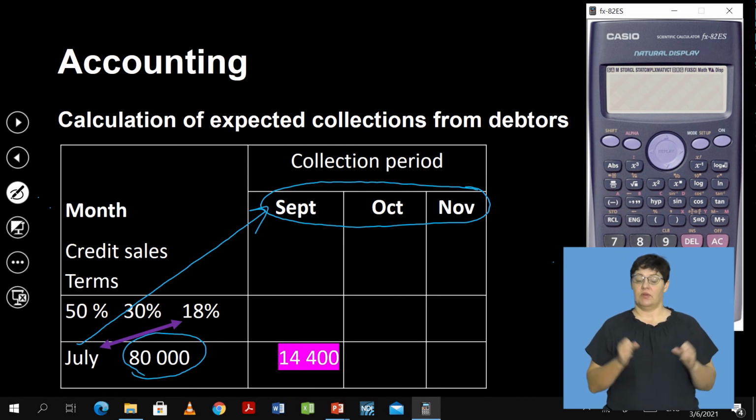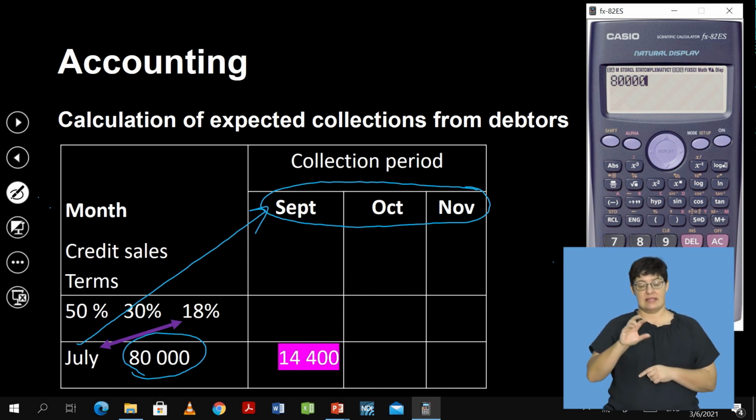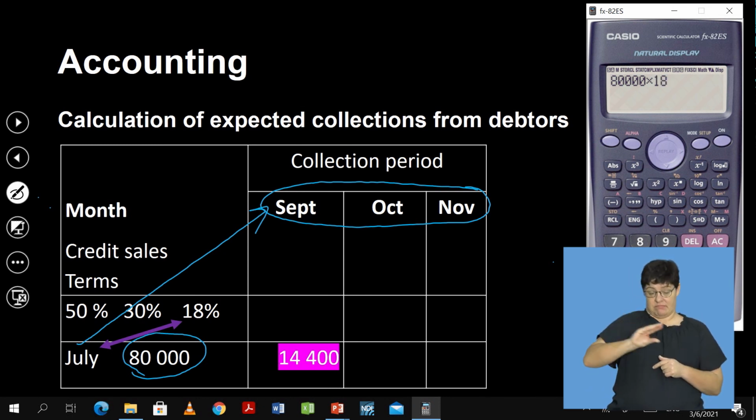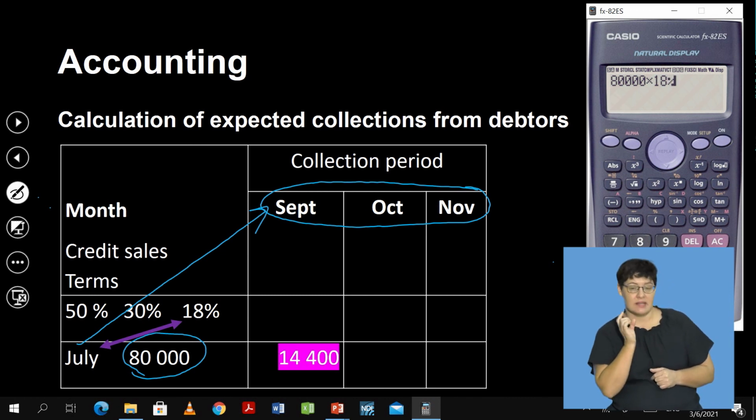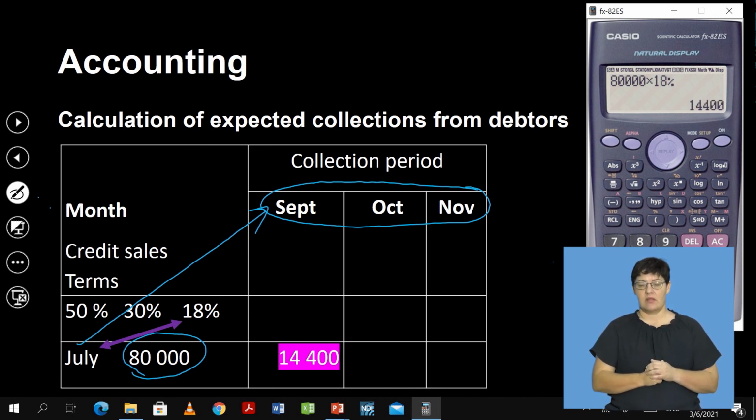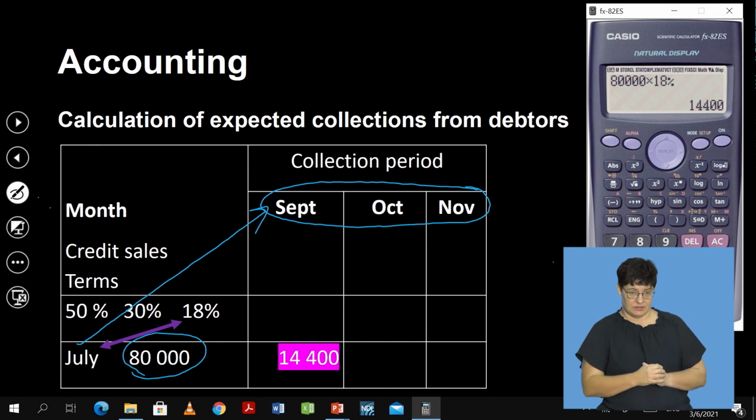Right, so let's do the calculation now using our calculator, and we can clearly see that we work with 80,000, which was my credit sale, right, times the 18%, which I anticipate to receive when? In September. And if we do that calculation, you find you get a figure of 14,400. So here goes.